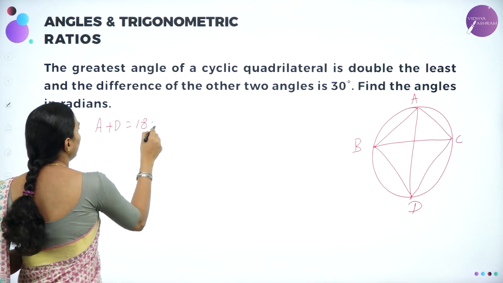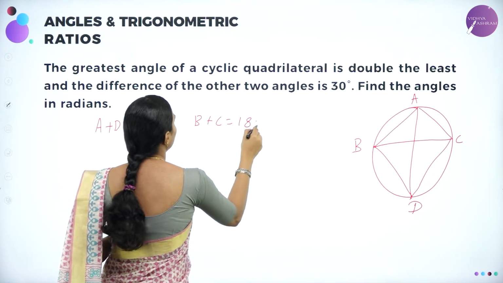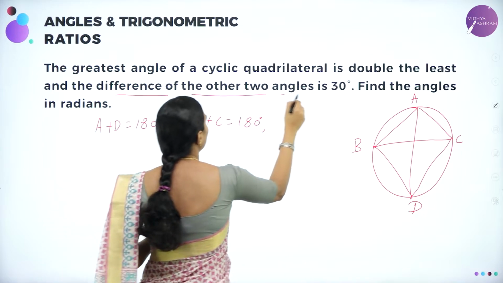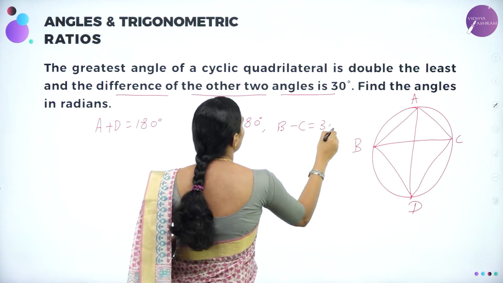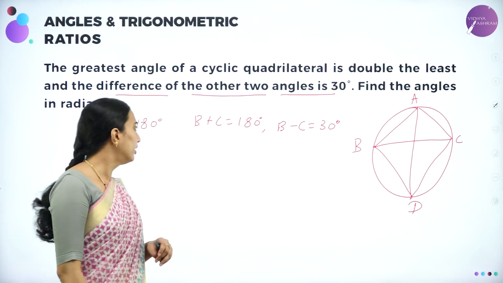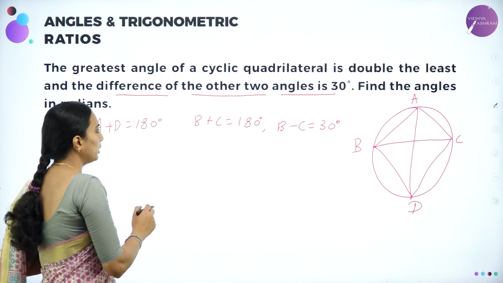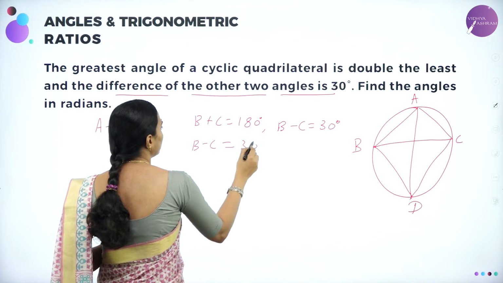A plus D is 180 degree and B plus C is also 180 degree. But since they gave the difference of the other two angles as 30 degree, we can have B minus C equal to 30 degree. Understood? So by considering this, you can solve these two equations, B minus C and B plus C. Let me write it here. B minus C is equal to 30 degree.